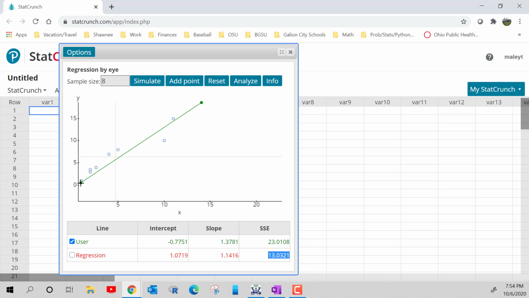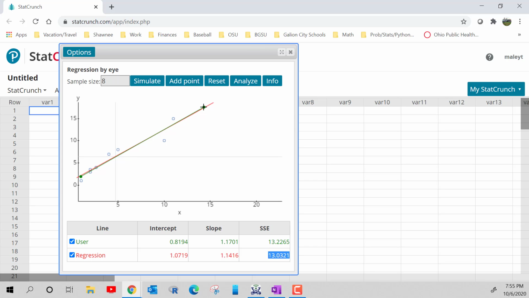And when you move these around, trying to get that number to be as small as possible, right? So that's pretty good. It's pretty close to the actual sum of the squared residuals. If I check this box now, you'll notice it's pretty much laying on top of one another.